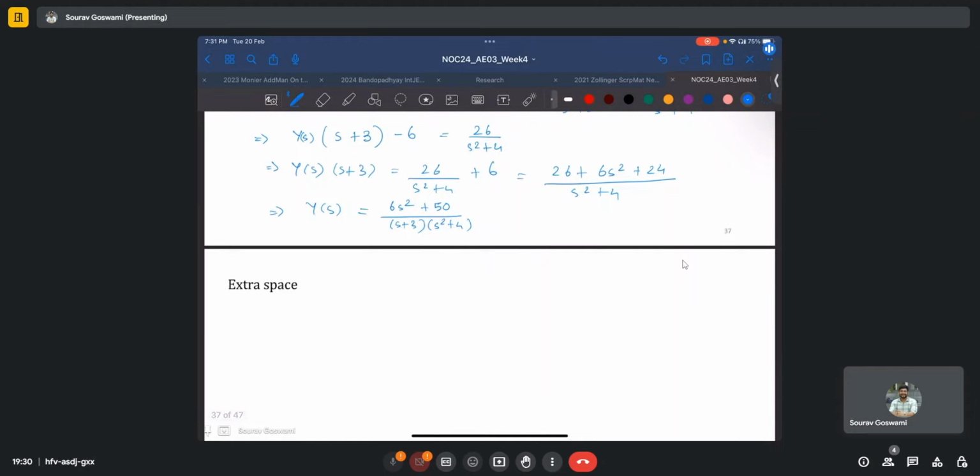Now again, to be able to compute the inverse Laplace transform of this RHS, it's best if we break it into partial fractions.